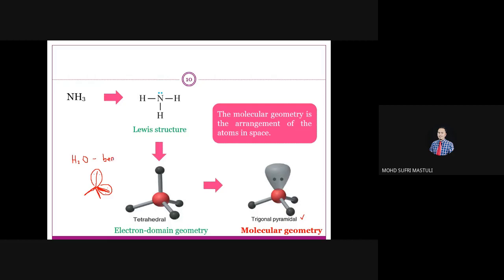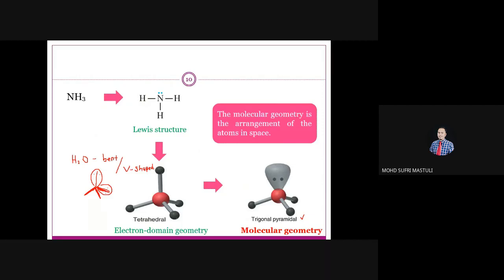It becomes bent. Or another name, sometimes we call it V shape. Bent or V shape.